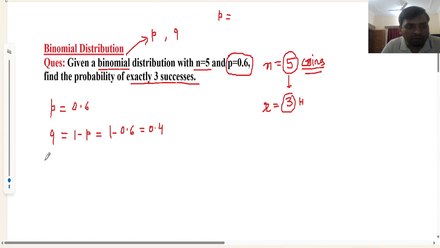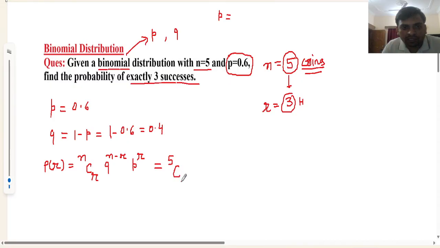To find the probability in a binomial distribution, the formula is P(R) equals nCR, Q raised to the power n minus R, and P raised to the power R. This is the formula in binomial distribution. For this given case, n equals 5, the number of successes is 3, and Q is 0.4.